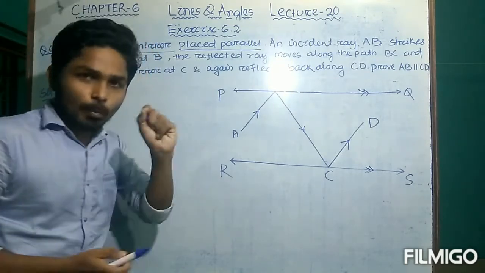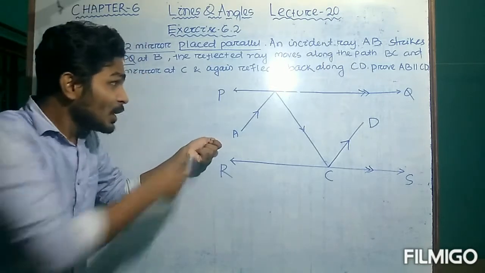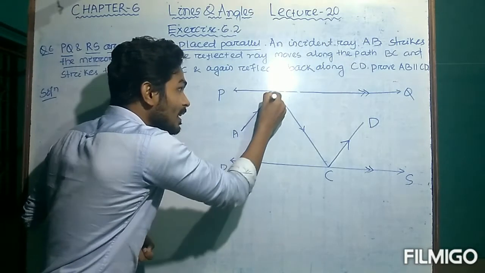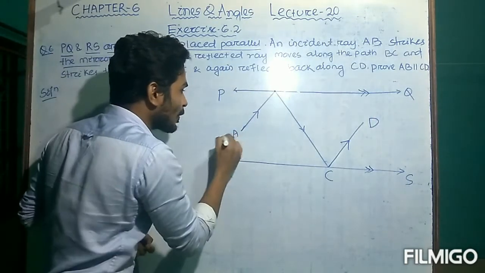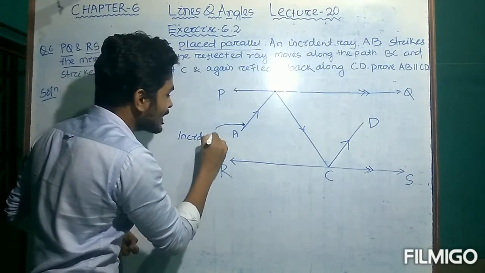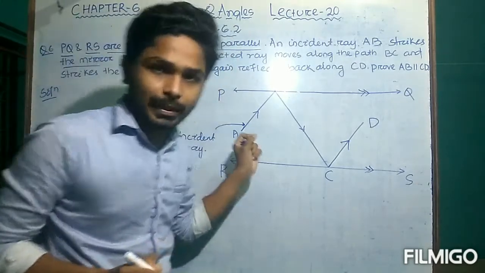It means someone focuses a torchlight from this side to the mirror PQ, so that the light ray goes and strikes at B. This light ray is known as incident light or incident ray. You have already studied this in the science subject, right?